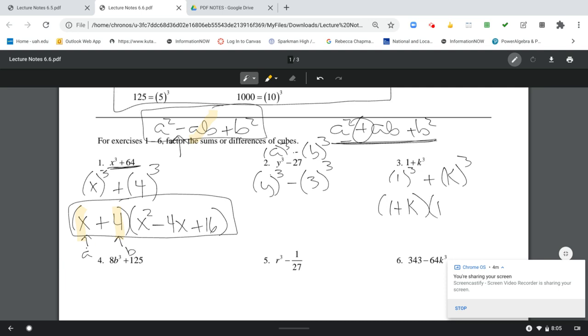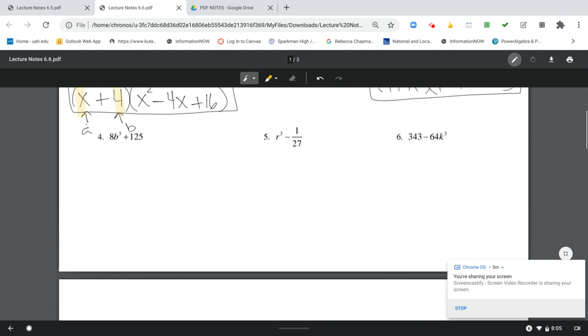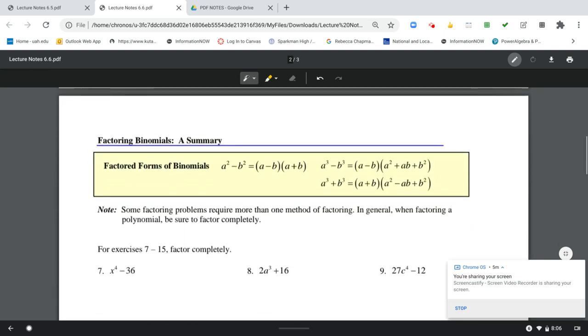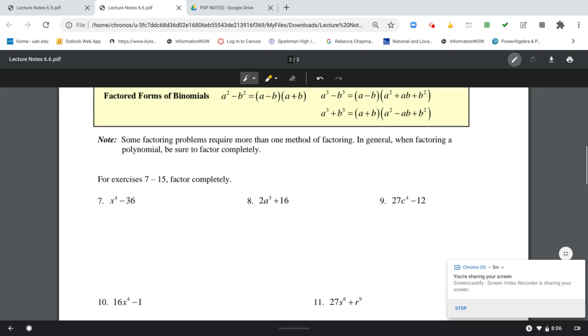So that would be 1 minus k plus k squared. And that would be the factors of the sum of cubes. Now I told you we're only going to do 6, so I'm going to scroll down and we're going to do a few more.